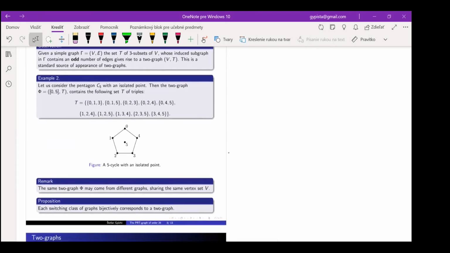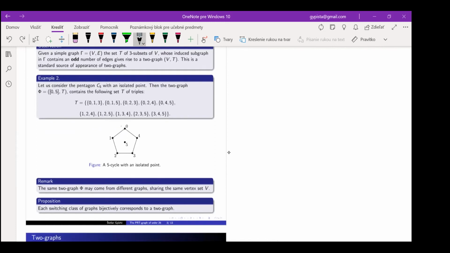So for example, here we have a 5-cycle with an isolated point. If we consider vertices 0, 1, 2, then we see that on the induced graph there are two edges. That means that we are not putting the triple 0, 1, 2 into the incidence structure.